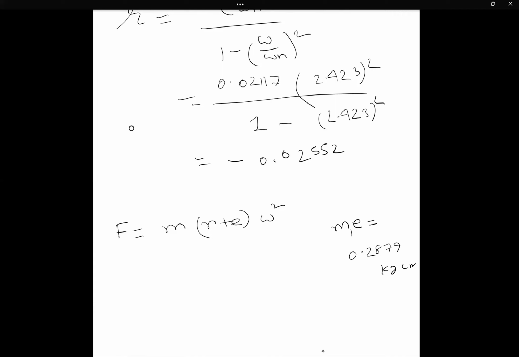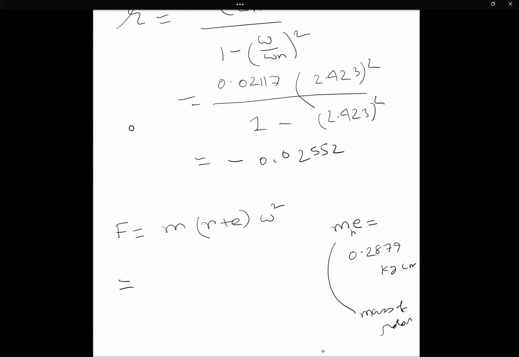Here m is the mass of rotor. So we have to divide the 0.2879 kg centimeter by only the mass of rotor, not the mass of whole system, and we will get the eccentricity, just to make it clear. And m is the mass of whole system.